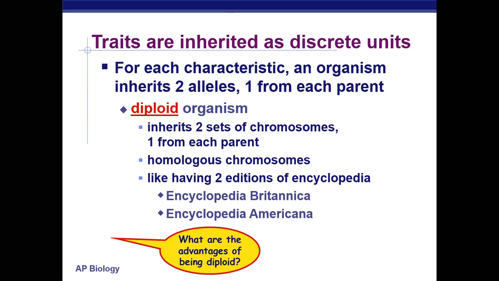So we inherit 2 sets of chromosomes, 1 from each parent. They are homologous chromosomes. You're getting the same information just from each parent. That's more true for females when we get the XX, because we are getting the exact same amount of genetic information. For men, the X chromosome that you get from your mother holds a whole lot more genetic information than the Y chromosome that you get from your father.